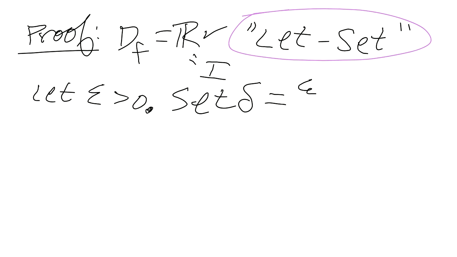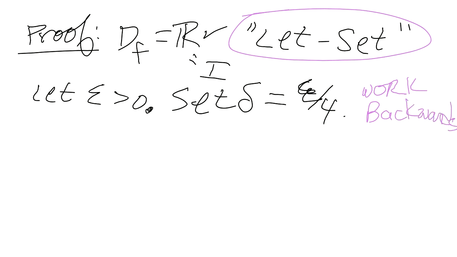And so in this case, it's epsilon over 4. So we're going to set delta equal to epsilon over 4. And then I'm going to put notes here in purple: we're going to work backwards from our scratch work, on our previous screen.